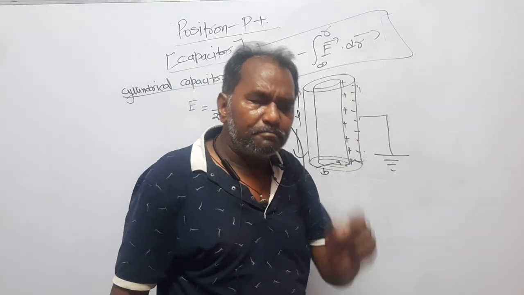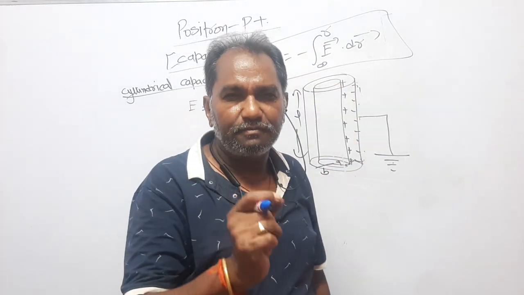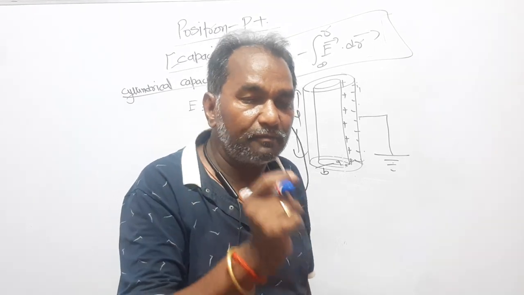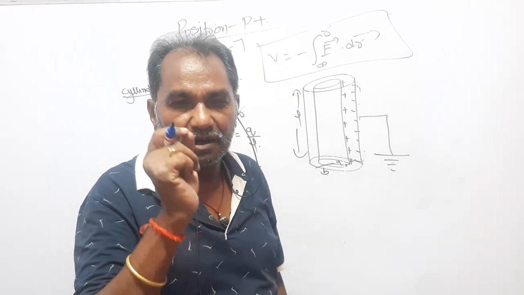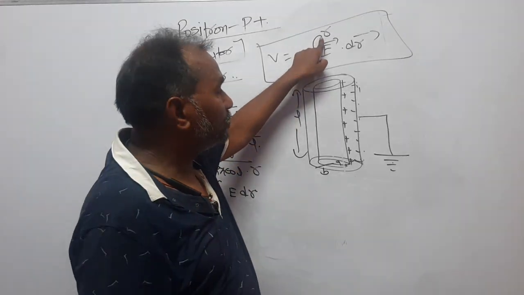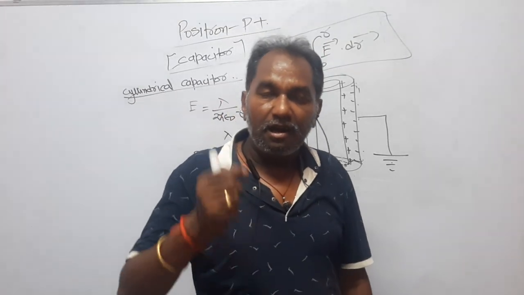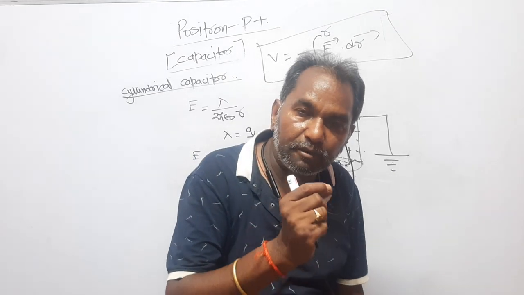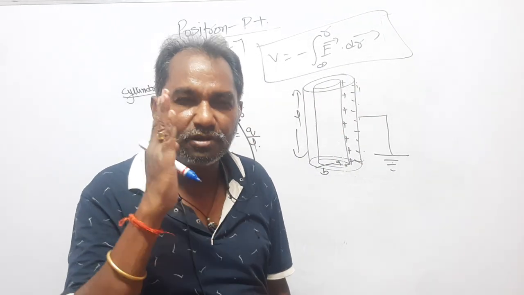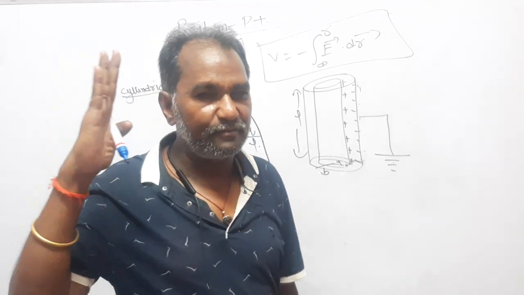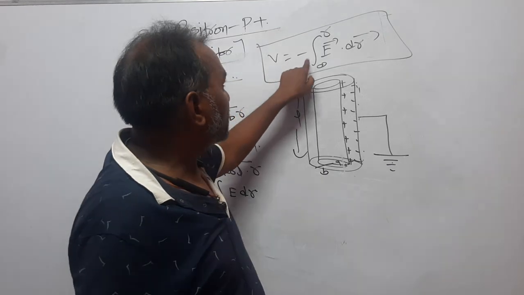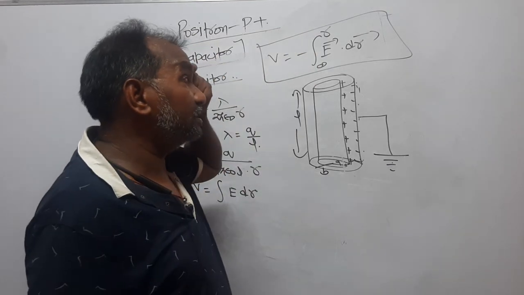Simply, electric potential at a point within the field is defined as the work done in bringing a unit positive test charge from infinity to that point in the field. So V is equal to minus integral from infinity to R of E dot dr.